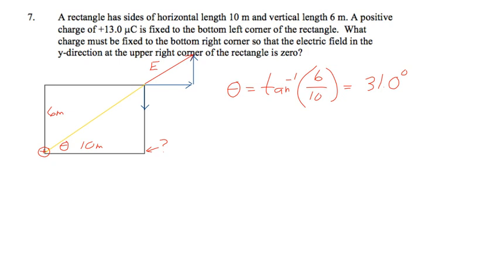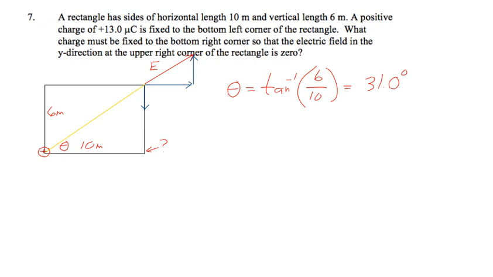Now another thing that I'm going to need is, if I want to know what the electric field is in this corner caused by that charge, I need to know the distance from there to there. So I now have to use the Pythagorean theorem, a squared plus b squared equals c squared. I want that length because that's how far away I am from that charge. That's going to be my r.